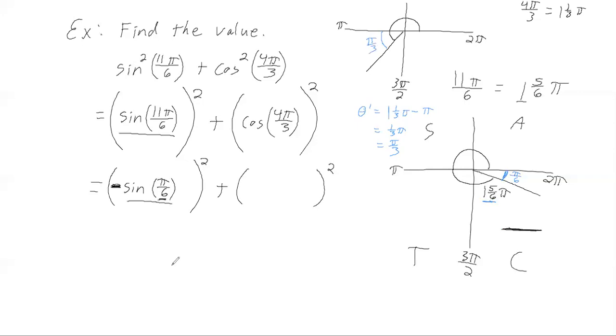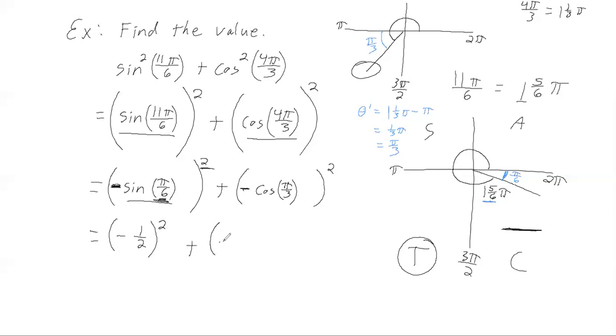So we could say that the cosine of 4 pi over 3 is going to be the same thing as the cosine of pi over 3, and make an adjustment here. Does it need to be positive or negative right here? Well, let's see. Tangent's the only thing positive in this quadrant right here, right? So it's going to have to be that negative that we have. All right, so this is negative. What's the sine of pi over 6 according to our chart? 1/2, but we still have to square it.